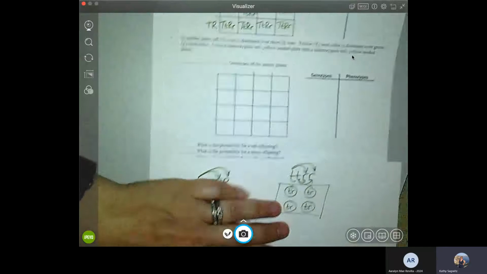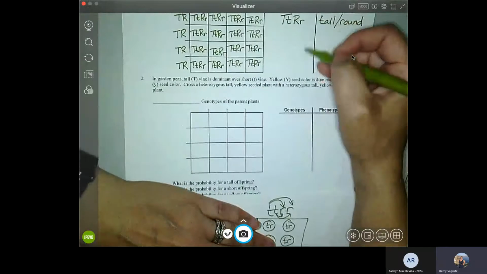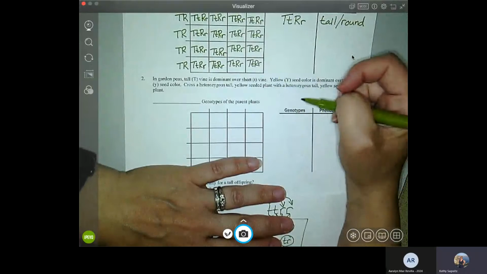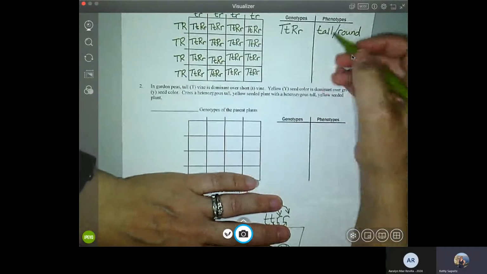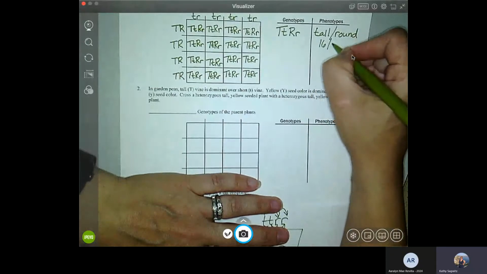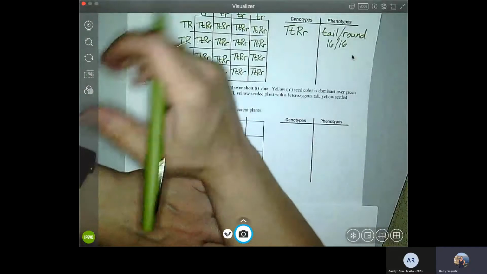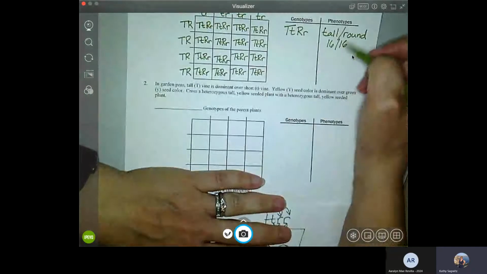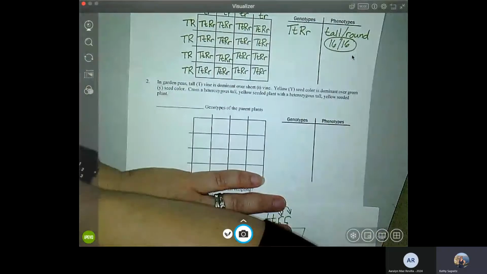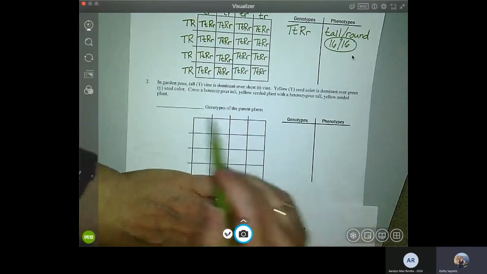If they ask you to count instead of doing percentages, we would say that 16 out of 16 are tall and round. You're just going to count how many they are and put it over 16. So in this case, 16 out of 16 are tall and round.